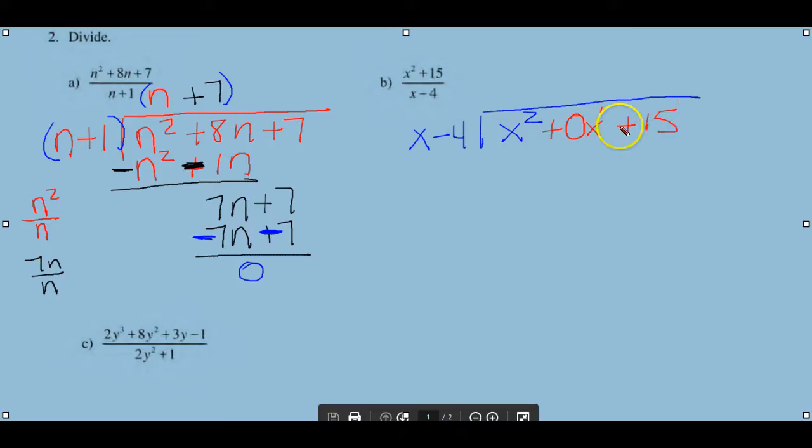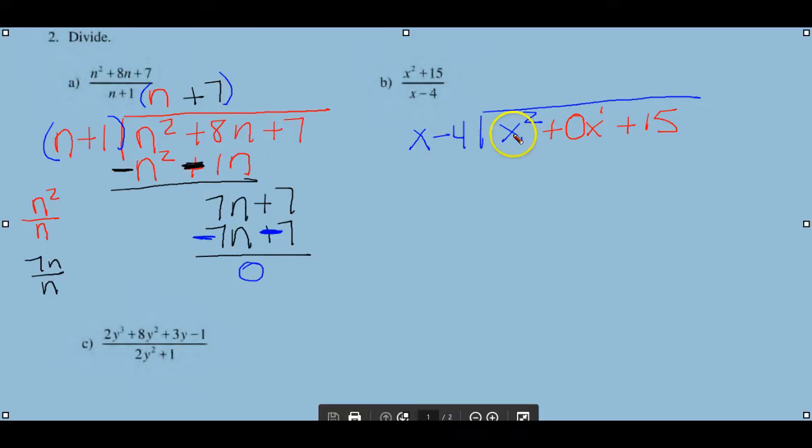So this is an important skill. When you see your numerator and it's missing one of the powers of x, you have to put one there so that when you do the process of long division, you have a place to put things.